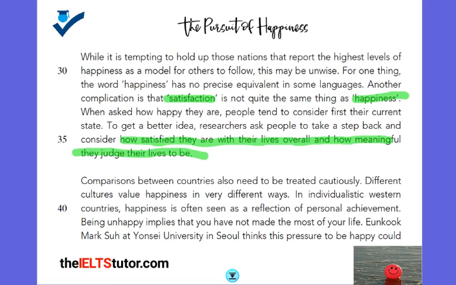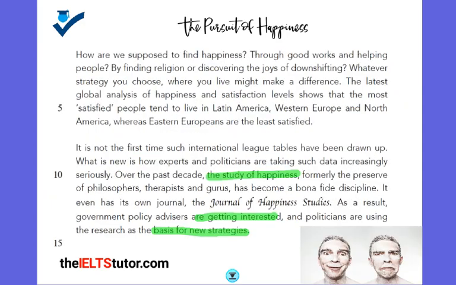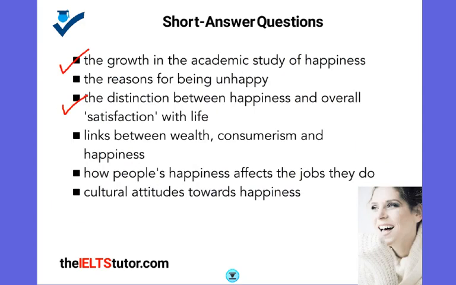Now, the third topic that occurs in the text, let's go back to the topics again. You should have come up with links between wealth, consumerism, and happiness. Okay, so wealth, consumerism, and happiness. That would be this point here. Where can we find that in the text?